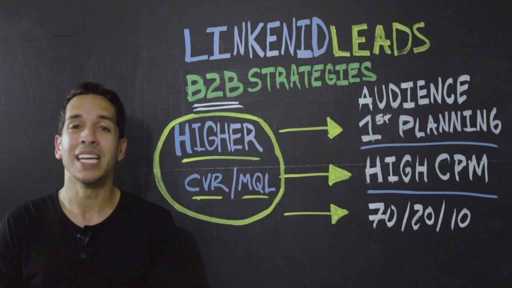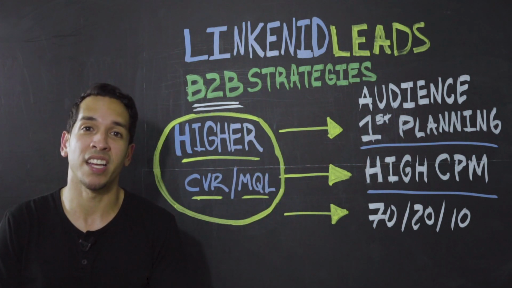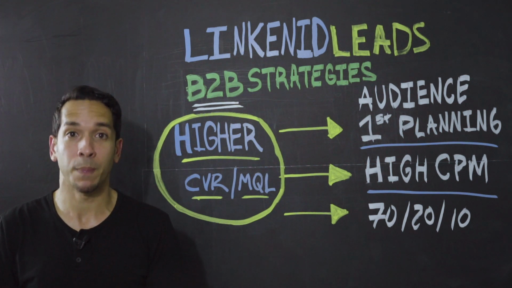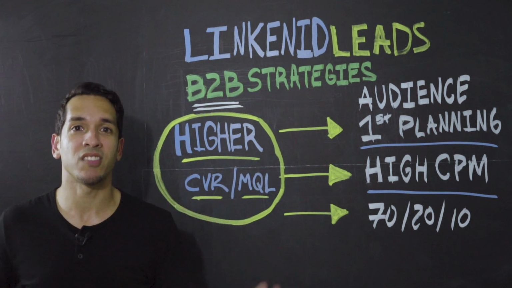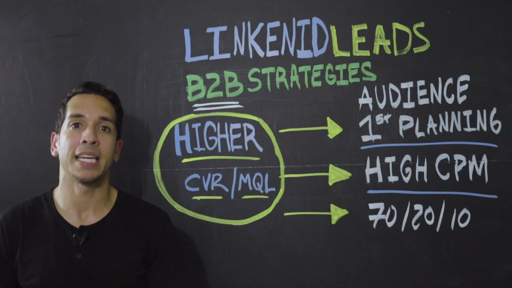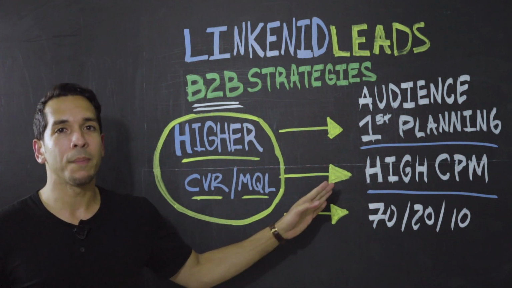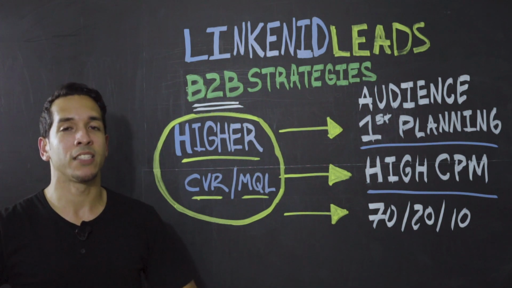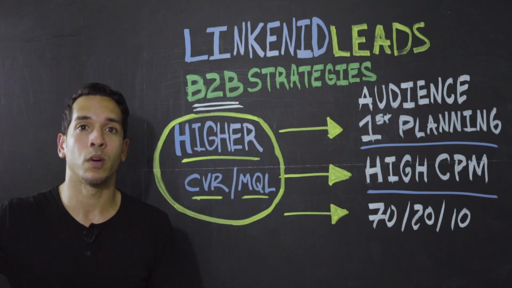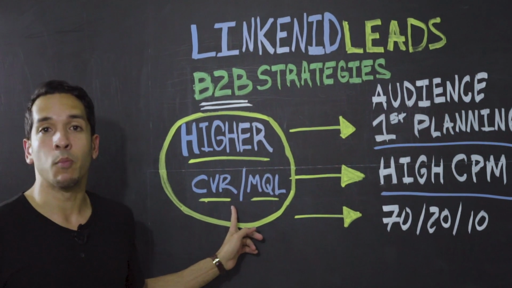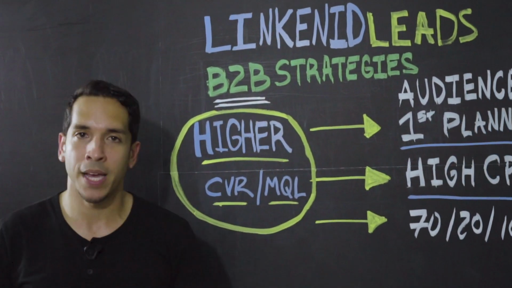Those CPMs tend to be 25% to 75% cheaper. So if you're a new advertiser and you're just testing things out, that's one way to mitigate the high CPM. But again, something you want to keep in mind, you're paying more because it's a premium audience. They tend to over-index when it comes to higher net worths, and odds are they're going to be more qualified. So very, very important to keep that in mind.